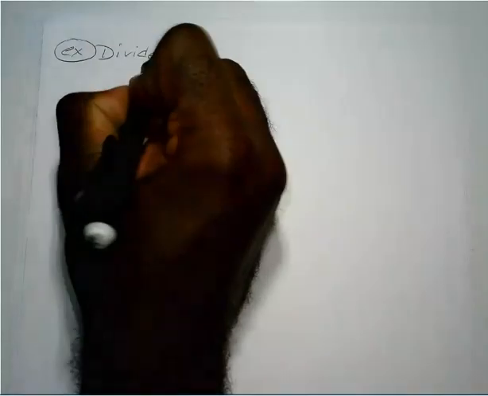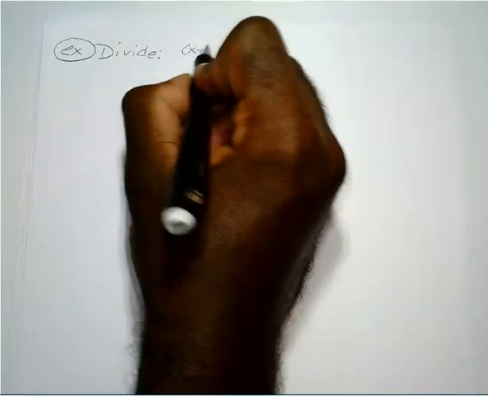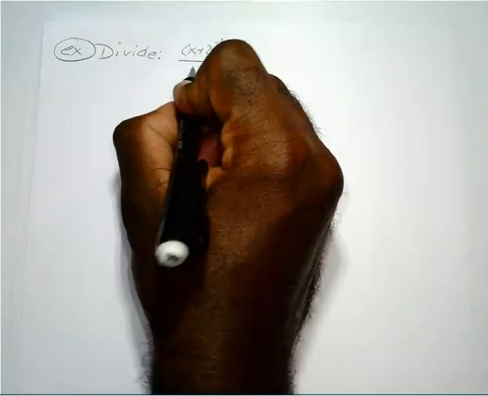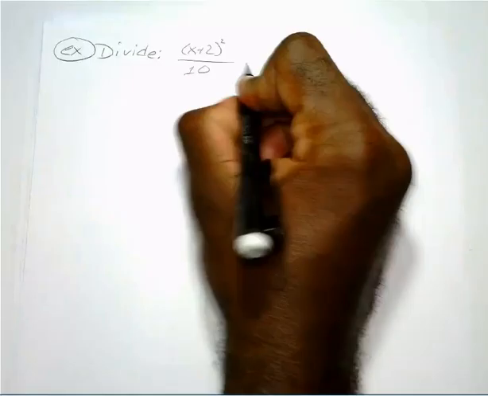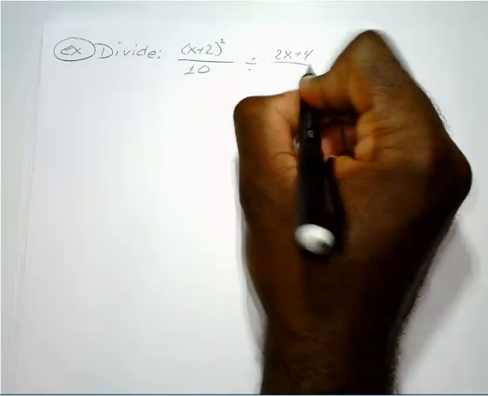Let's say, for example, we want to divide x plus 2 squared over 10 divided by 2x plus 4 over 5.